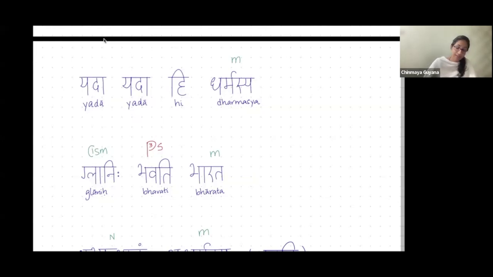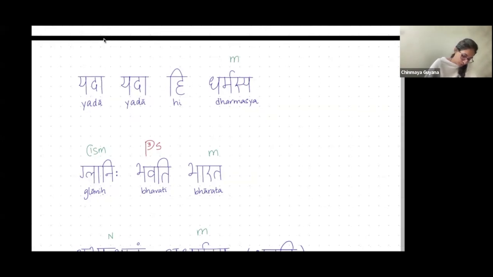Glani means decline, and bhavati comes from bhu, to be or to become. So can you surmise that meaning now? So now your basic sentence is glanihi bhavati. Now let us see the rest of the sentence.